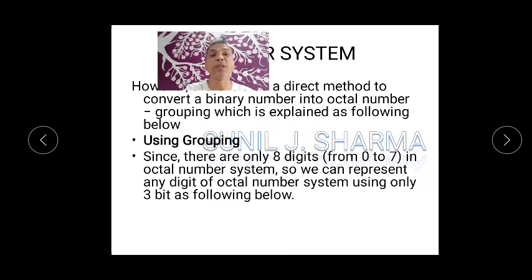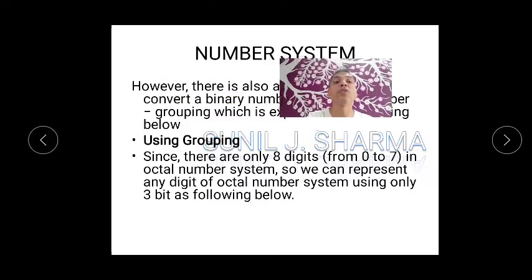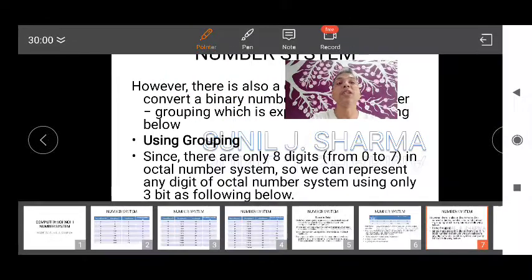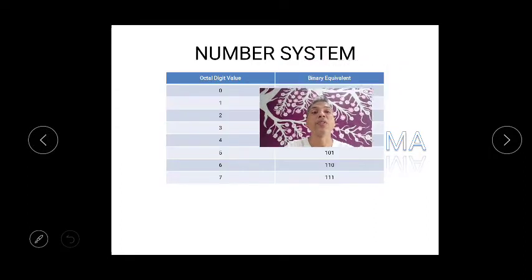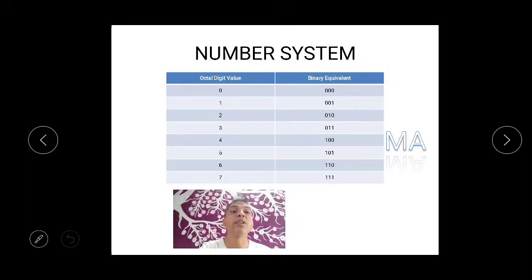Using a grouping method, since there are only 8 digits 0 to 7 in octal numbers, you can represent any digit by using 3 bits. This is very important. So we will make a group of 3. Here you can see that this is your octal number and this is your binary representation.